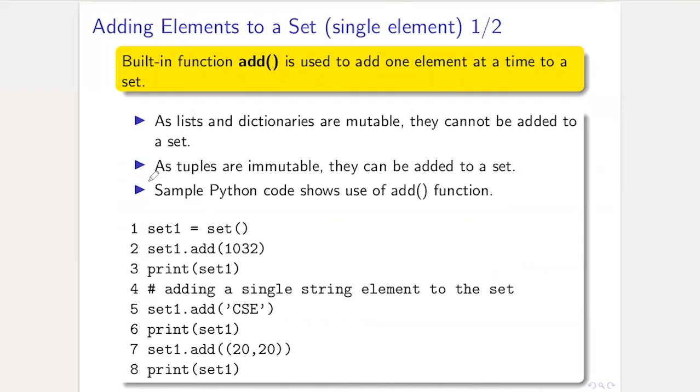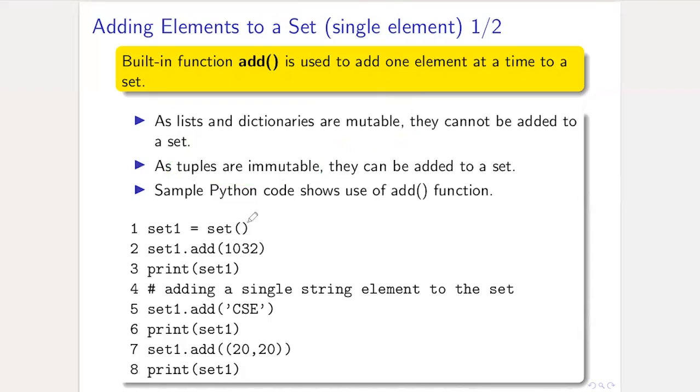But remember, as I said earlier, you cannot add any mutable values to the set. The values you add must be values that cannot be changed. They should be immutable. As we discussed, tuples are immutable, so we can add them to a set.